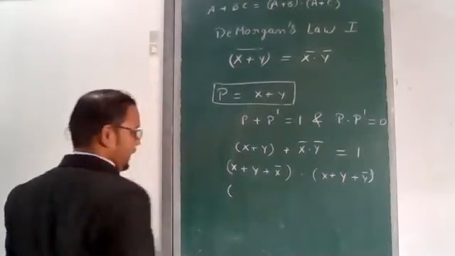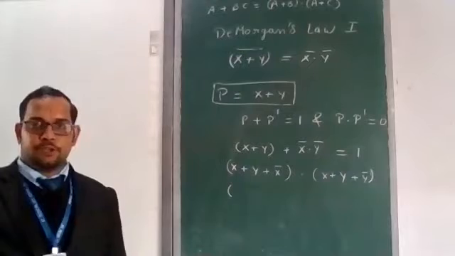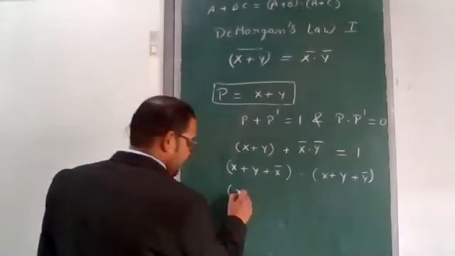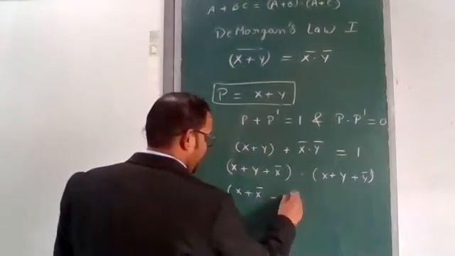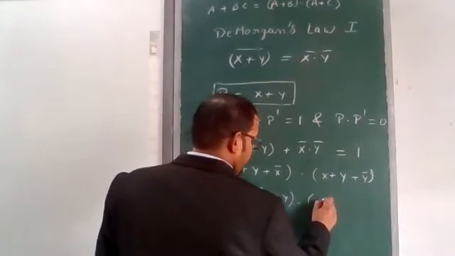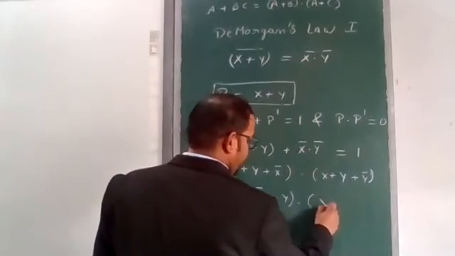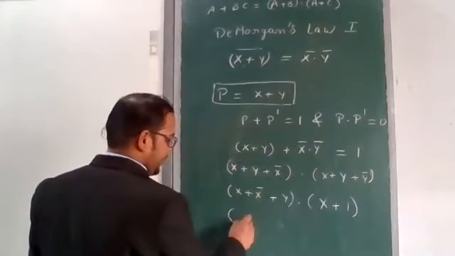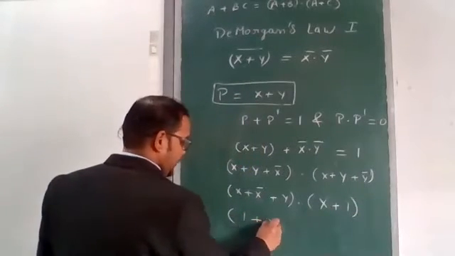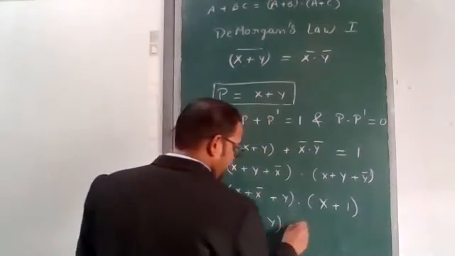Now arrange it by the help of the commutative property: x plus x complement, then plus y. Similarly here, y plus y complement is 1, and x plus x complement is 1 with the help of the complement law.